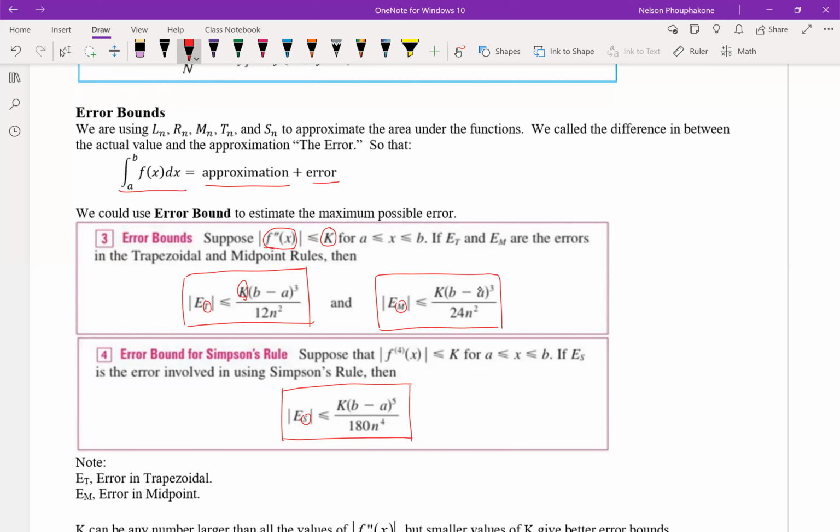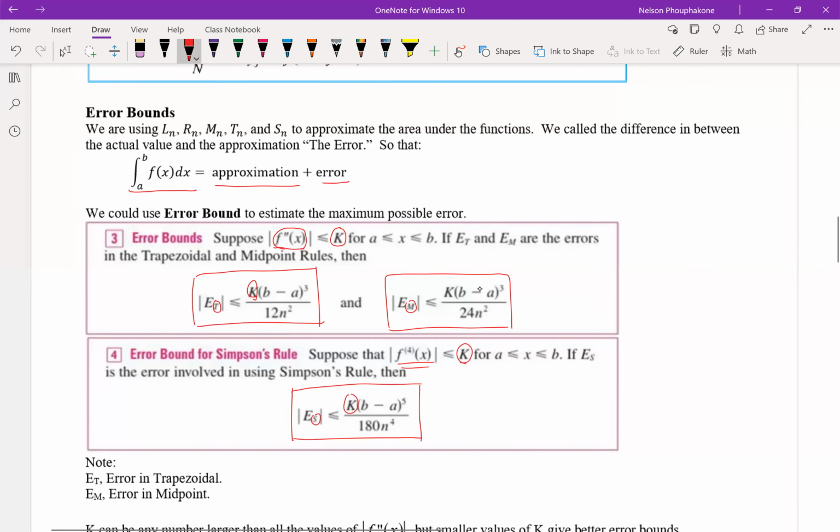Of course, when we try to find the error band for the Simpson rule, the K is a little bit different, because the K for the Simpson rule comes from the fourth derivative of the function f, and we are looking for the maximum value of it. We will have some examples to work it out, to find the error band.